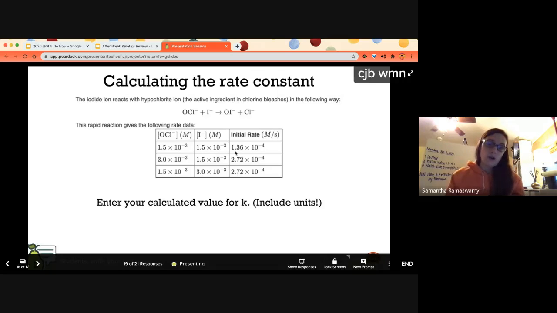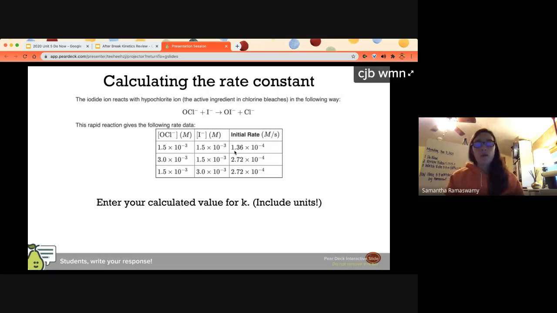And you have to be careful with your order of operations. I did 1.36 times 10 to the negative fourth divided by the quantity 1.5 e negative 3 times 1.5 e negative 3.